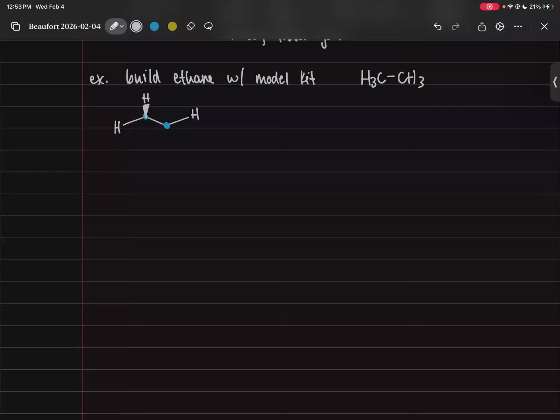So that's this hydrogen. It's coming towards us. And then we've got one that almost looks like it's right next to it from your perspective. It's also pointing upward, and it's going back. So it's going to be on a hash.